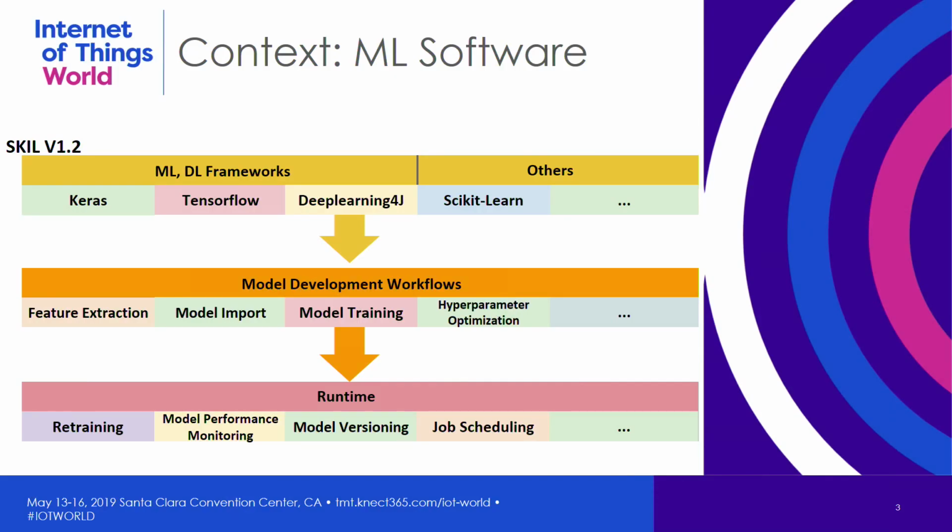So getting into it, I want to start with the context. ML software, right? What do you have out there? You have the machine learning and deep learning frameworks. What are these things? Generally very math-oriented, heavily linear algebra based, and usually not very friendly to beginners.